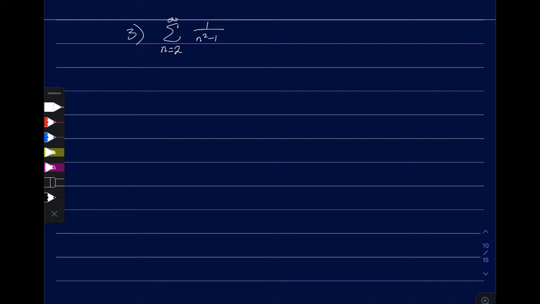Next, let's look at 1 over n squared minus 1. If we look at the nth partial sum, that is the finite series, i goes from 2 to n of 1 over i squared minus 1. By breaking this up, we see that this is 3/4 minus 1 over 2n minus 1 over 2n plus 1.